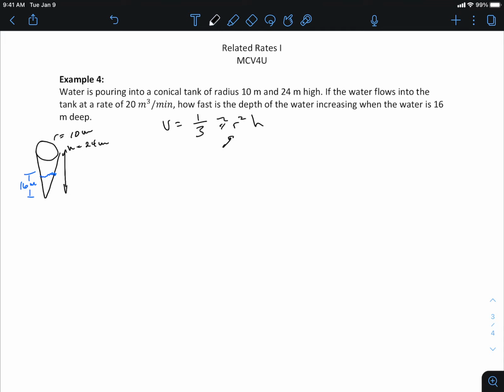Let's take a look at what we physically have here with these cones, and this is how you would tackle this. This is your R, and we have H. This is 10, and this is 24. If you look here, we get a triangle.